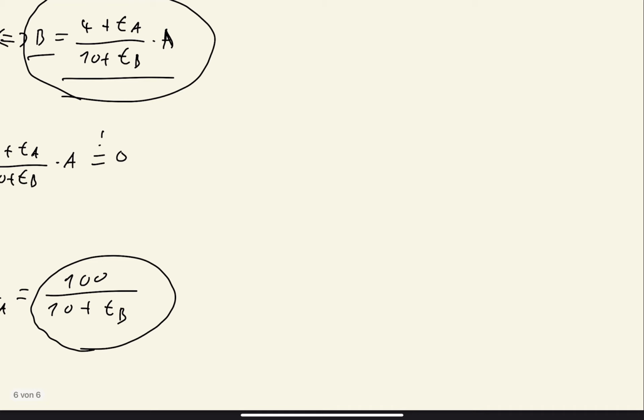And the last part of the question was to derive the indirect utility function, and the indirect utility function can be simply found by plugging the optimal demands for bananas and apples into the utility function. So typically V denotes the indirect utility function.